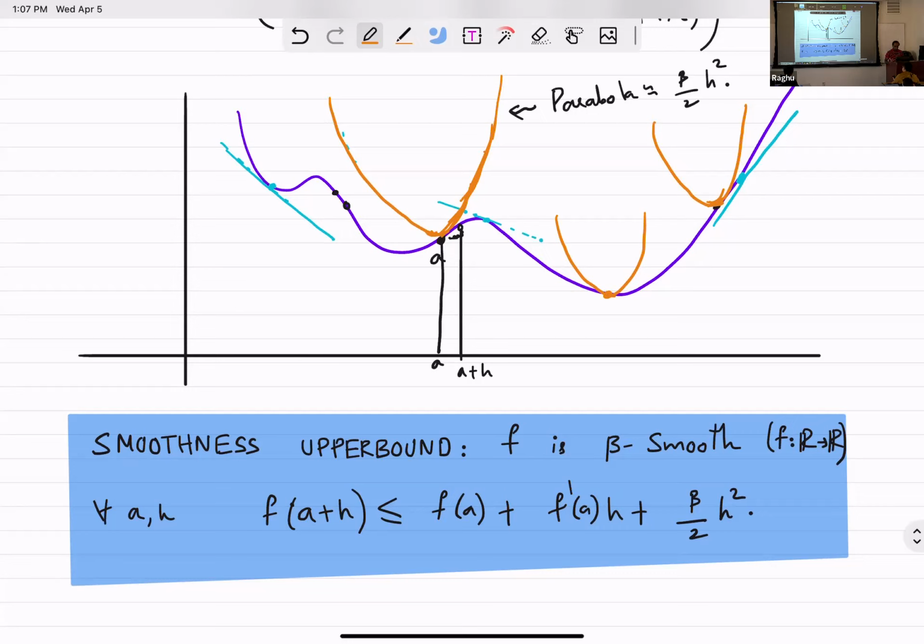It's only giving you an inequality in one direction. It's just saying that you're not going to cross this parabola. Let me draw a flatter one. If I keep extending it, you're going to look something like this.